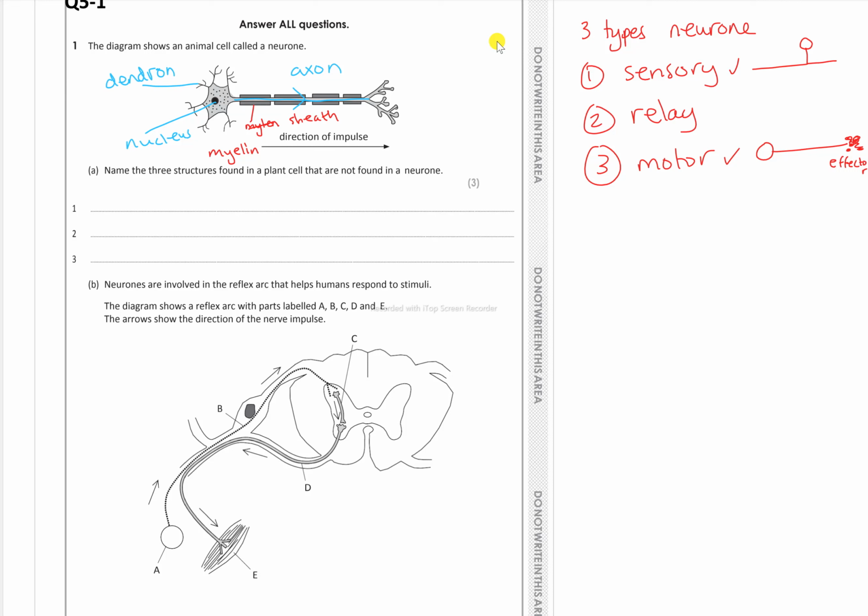Name three structures found in a plant cell that are not found in a neuron. We need to know that a plant cell will always have a wall, it will always have a permanent vacuole, and you have chloroplasts.